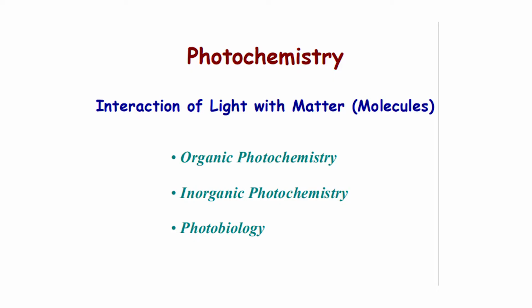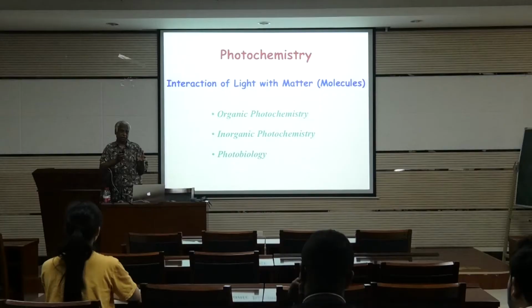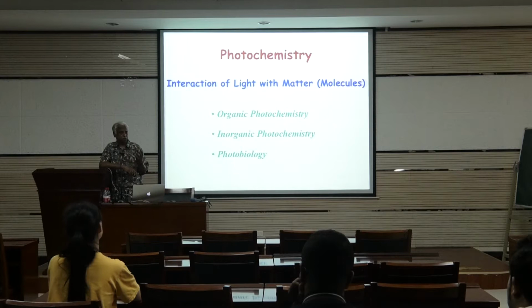Inorganic photochemistry has the same principles, but you deal with molecules like ruthenium or cobalt complexes, or these types of bigger molecules. Photobiology deals with the chemistry of big biological systems, like vision, which we talked about yesterday, or photosynthesis.